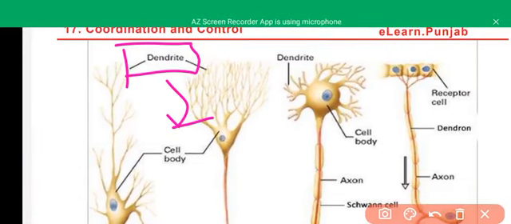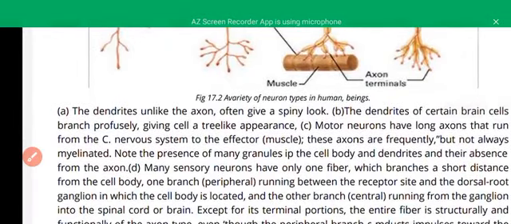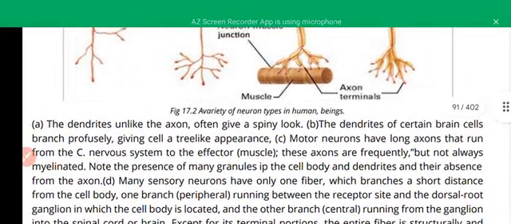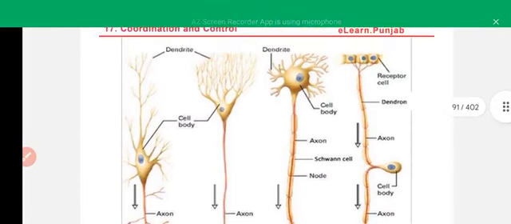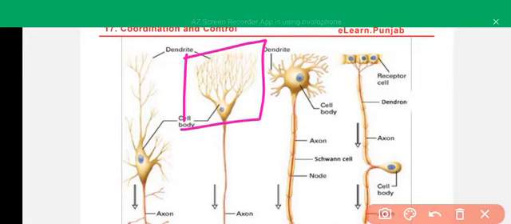It is very important. Dendrites of certain brain cells are profusely grouped, giving a tree-like appearance. This is the axon, this is the dendrite, giving a tree-like appearance. And it is a particular type of neuron of the brain.